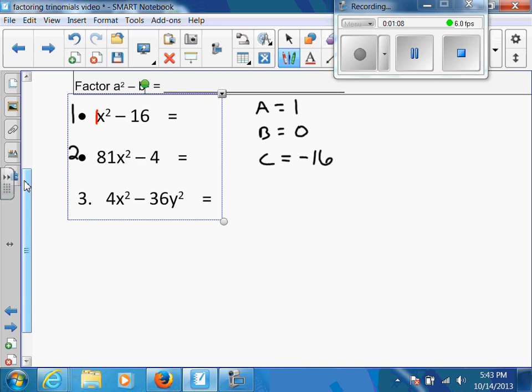Next thing is A times C. And I want to take my table. A times C is negative 16.